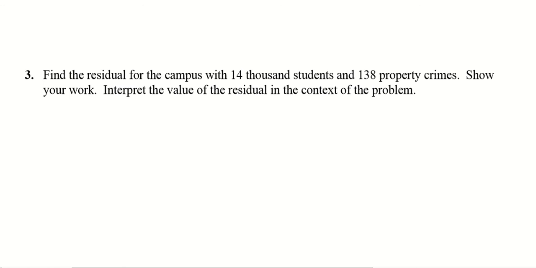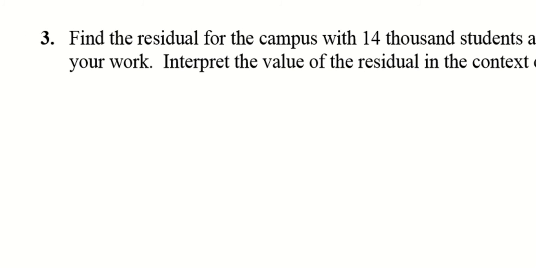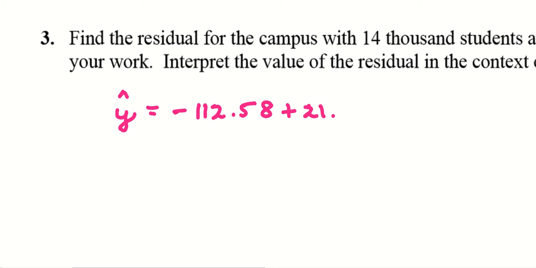So let's do this. I'm going to zoom in. I'm going to write down my prediction equation, which is y hat equals negative 112.58 plus 21.83 times x, and in this case my x value is 14,000 students, so x is 14.